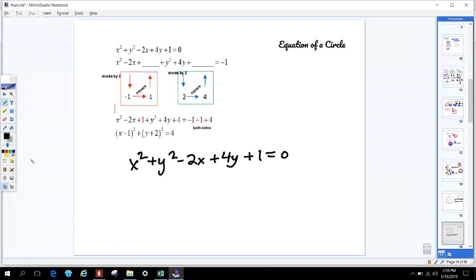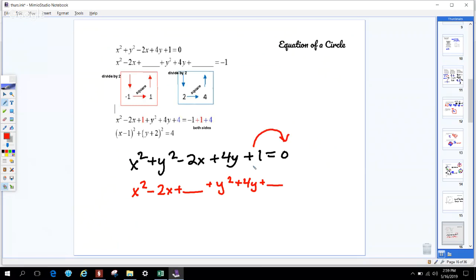So my process is I tell my students to group the x, leave a space, group the y, leave a space. So I'm going to do x squared minus 2x. This should be on the front of your paper. Leave a space. Then I'm going to group my y's, leave a space, and then this has to go to the other side.